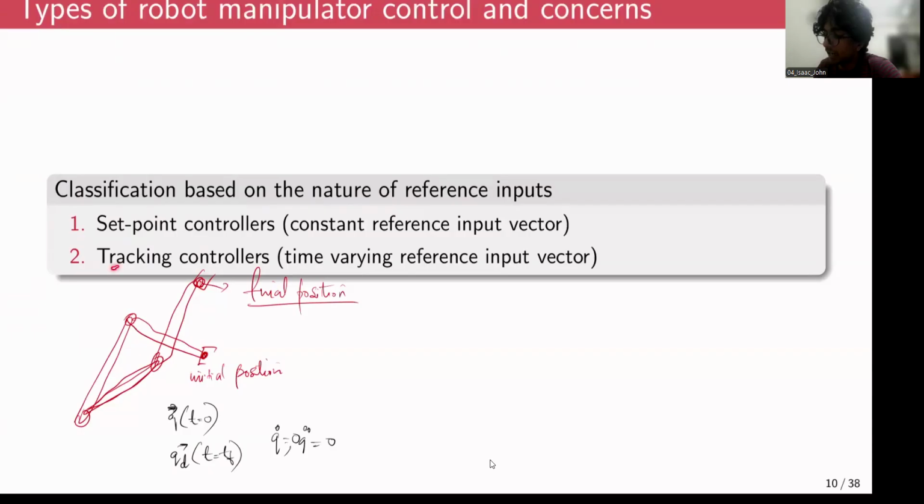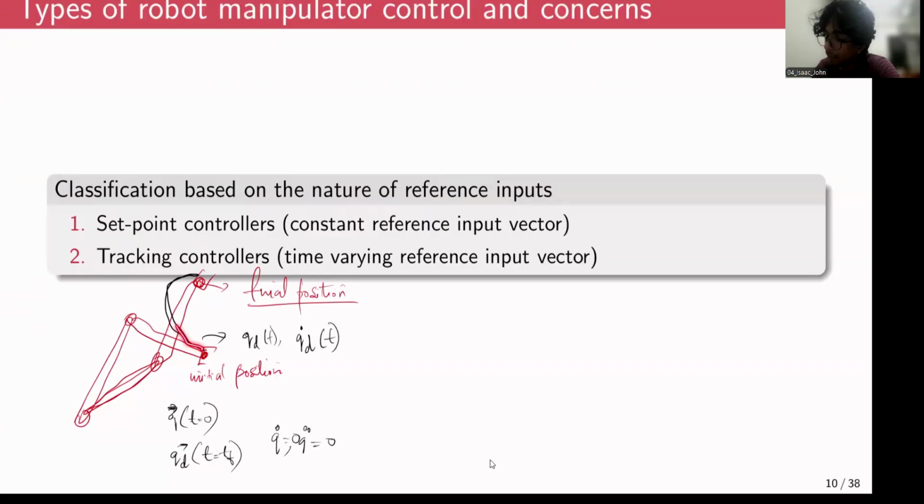Whereas in the case of a tracking controller, apart from the initial and final position, we would also want the robot to track a trajectory specified by the time history of position, q desired of time and q desired dot of time.